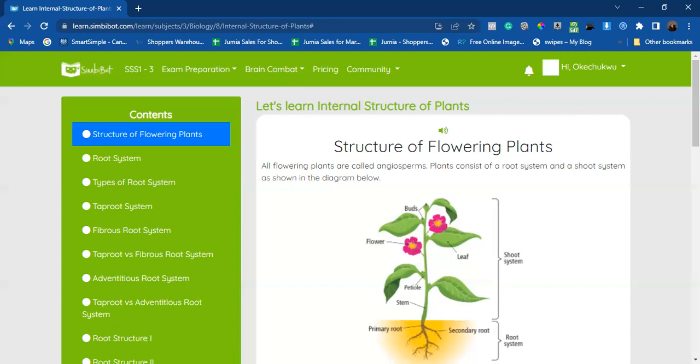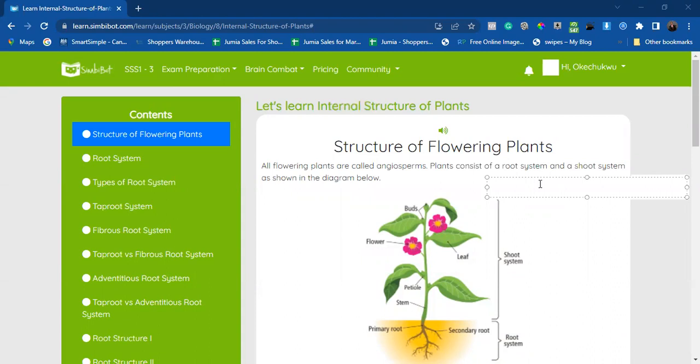So in the plant kingdom, we have the flowering plants and the non-flowering plants.